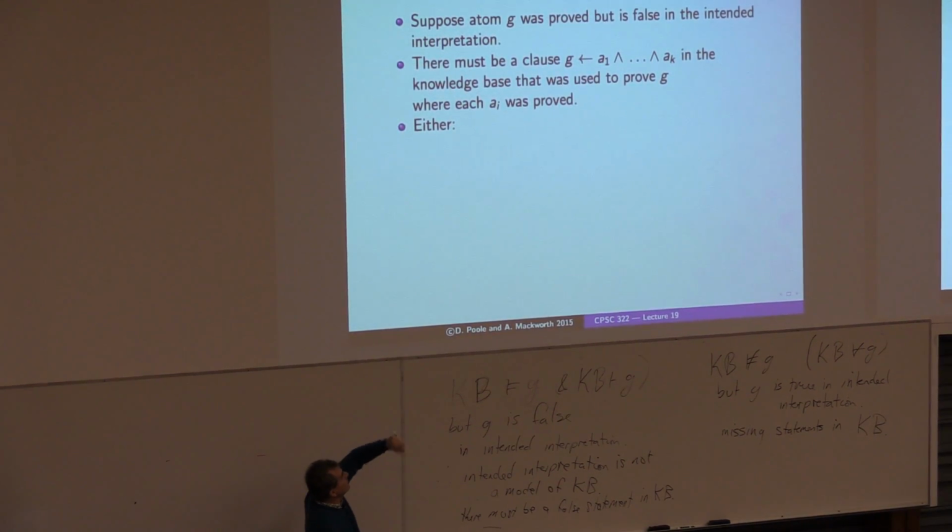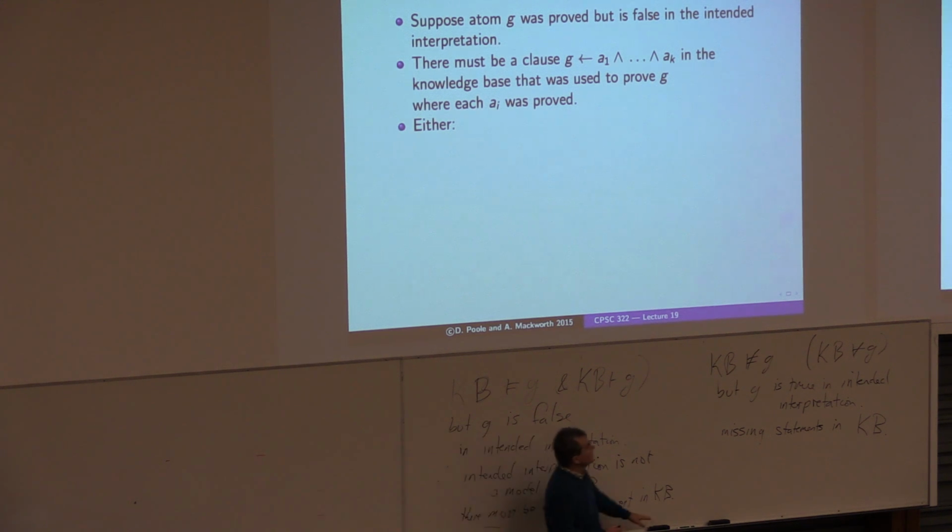If it logically follows, there must be some rule, because otherwise we could set G to be false, and we wanted the atoms to be false. So if it's not a logical consequence, there must be some clause in this knowledge base that was used to prove G, and each of the AIs was proved.